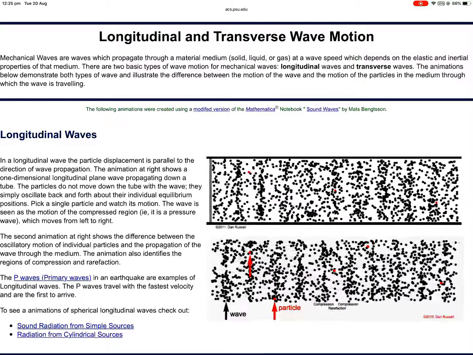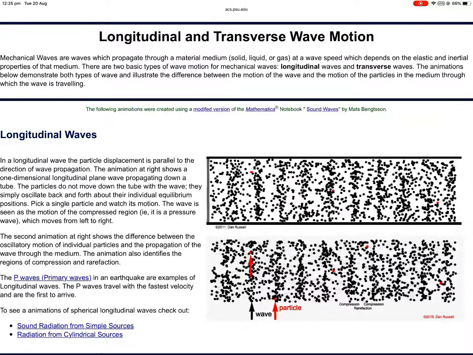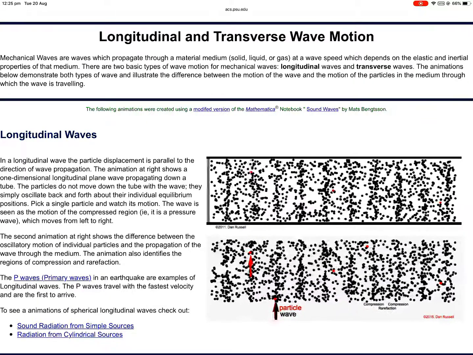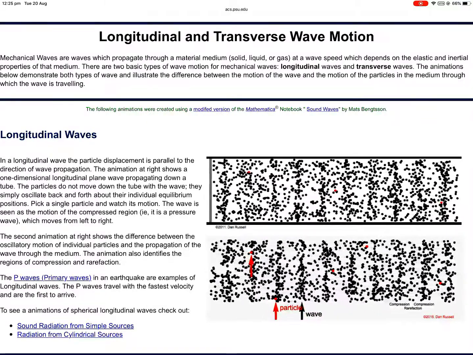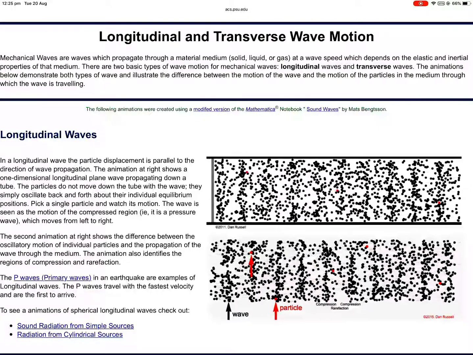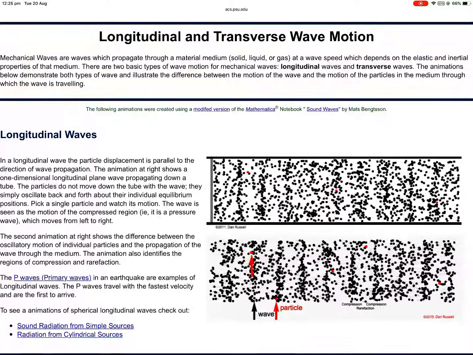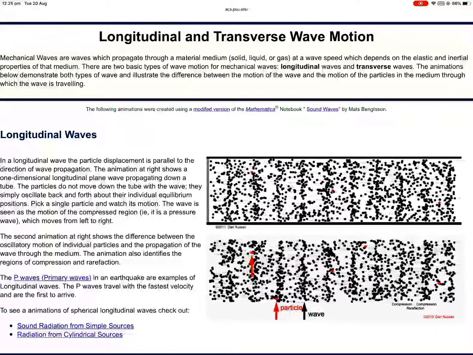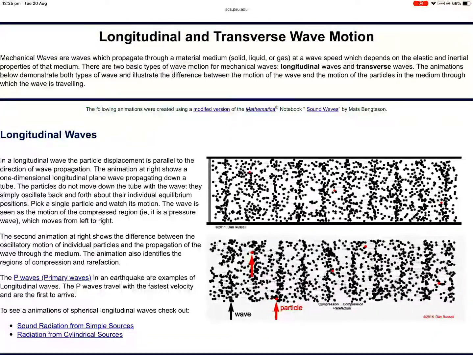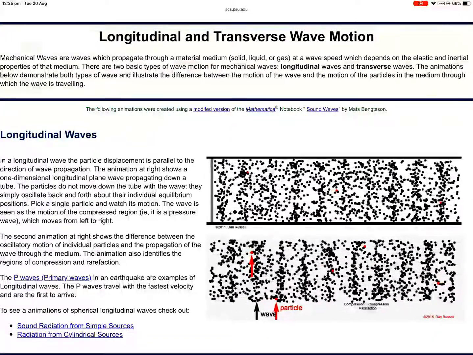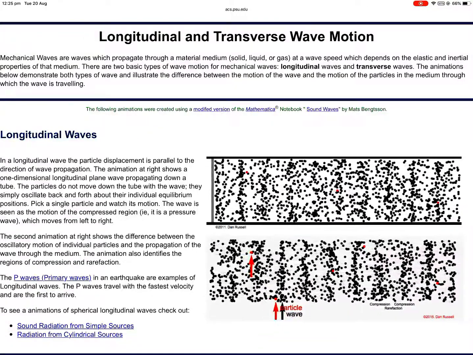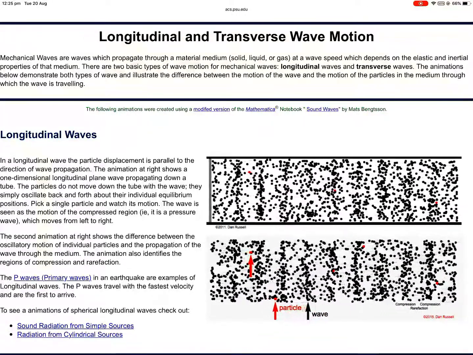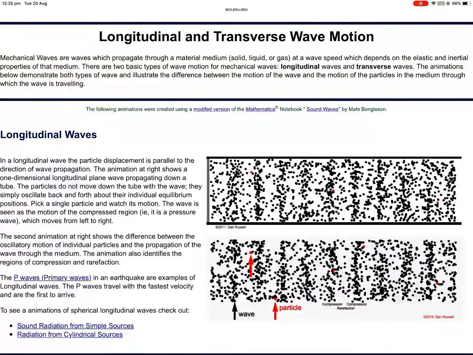Before we go on, I just want you to look at the diagram on the right, just to make sure you have a good idea of the movement of the particles in a longitudinal wave. The GIF on your right shows the movement of a particle in red. Notice that the particles move in the direction of the wave, however they don't move along the whole wave.